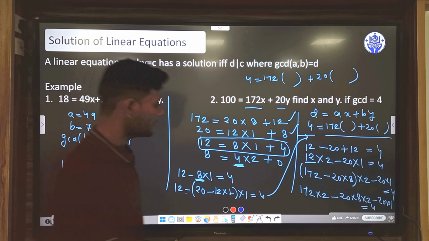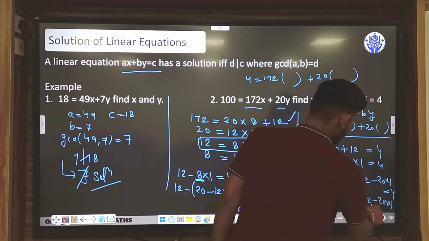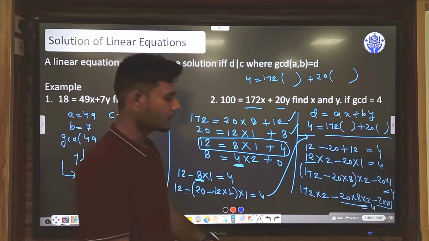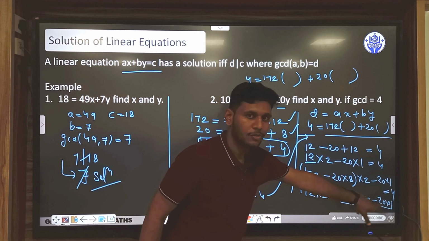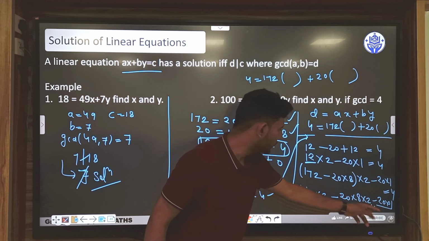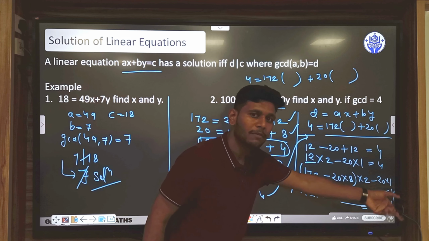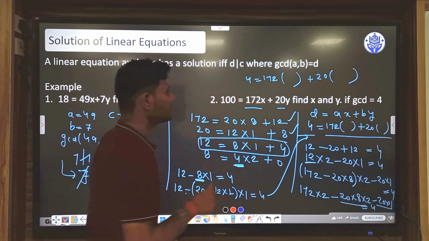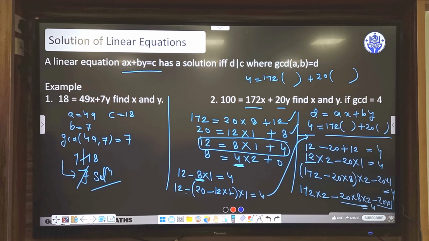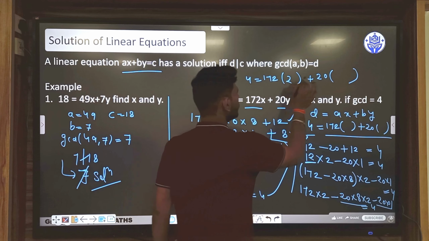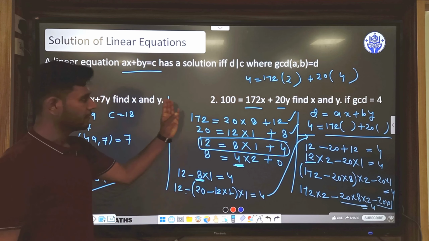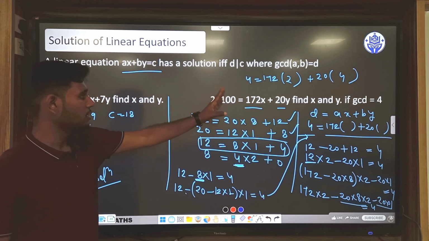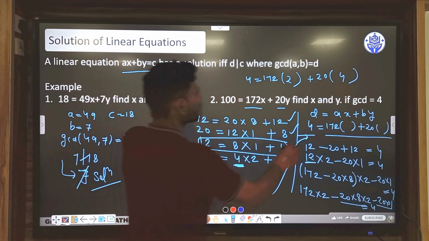Okay, from here if I write like this, this is 20, this is 20, it will be 4. I will take 20 and twice of 20, that is 20 into 2, and this 2 will be 4. So this is going to be 172 into 2 and 20 into, here it will be 2 and here it will be 4, something like that, and after that it will be equal to 72, and it will be minus 4.